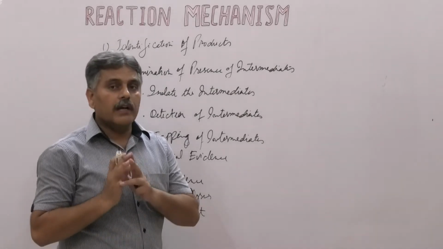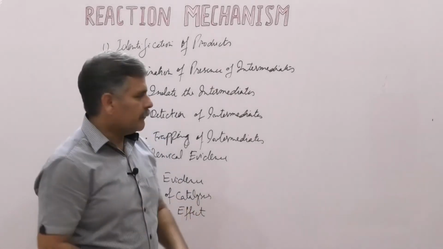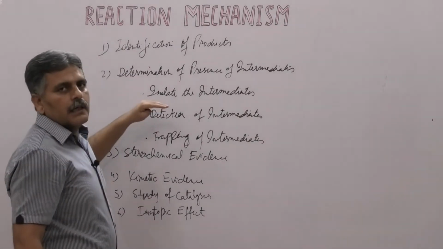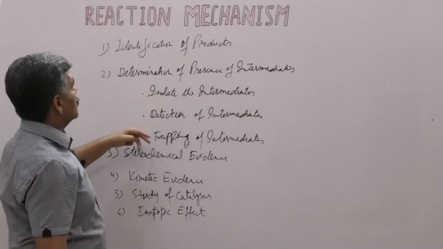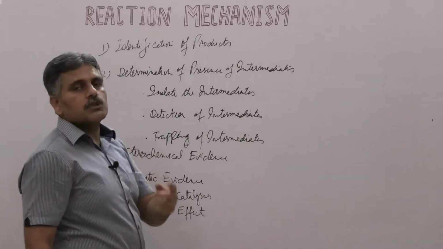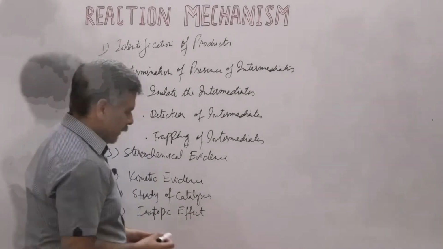These are also helpful in the determination of reaction mechanism. So, all these methods we will discuss one by one to determine the reaction mechanism. Today we start with the identification of the products, the first method which is used to determine the reaction mechanism.